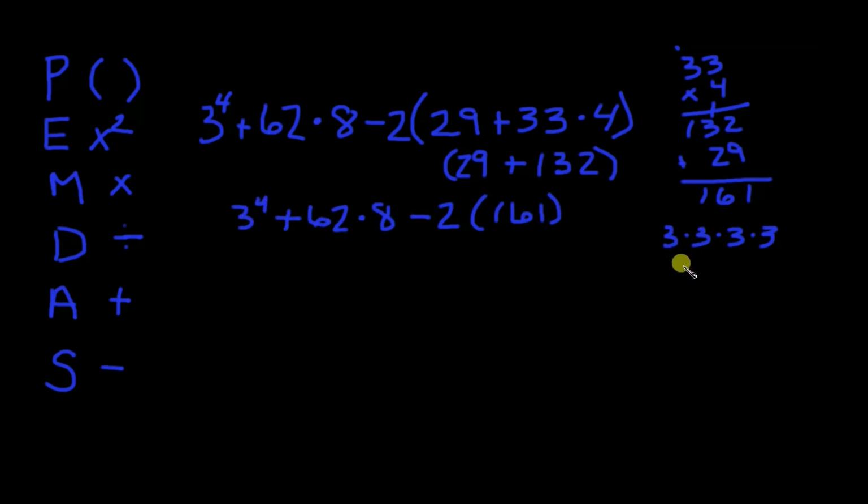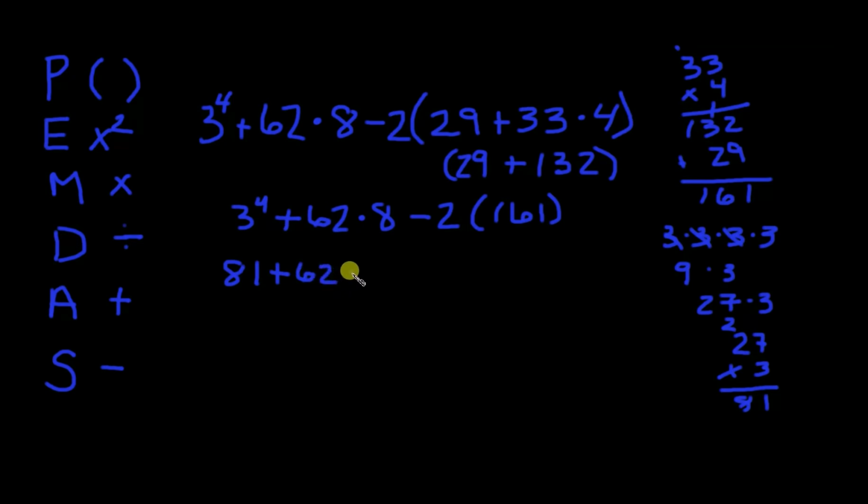So 3 times 3 is 9, and then times 3 is 27, and then 27 times 3. 7 times 3 is 21, so 1, bring the 2 up. 3 times 2 is 6, add the 2, we get 81. So here's 81. And we're going to bring down the rest of our equation again.